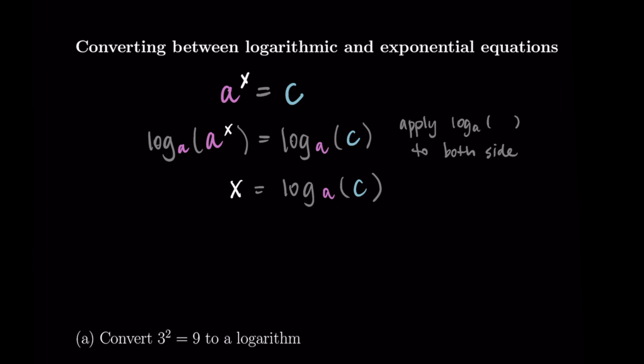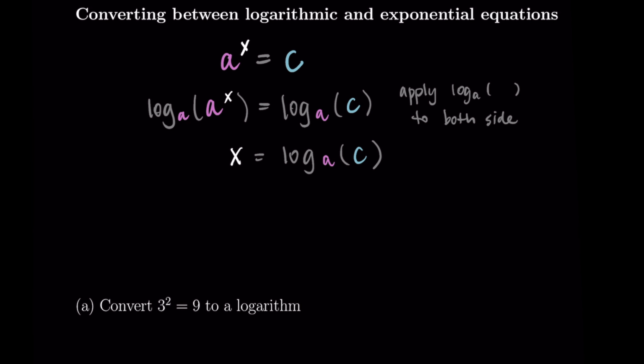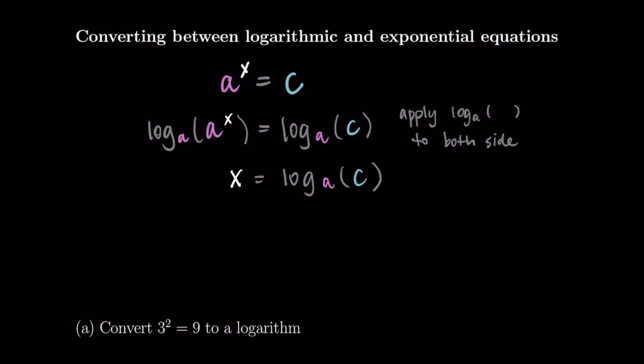So this is our general way we're going to convert, and I actually just like to write out a really simple statement of how this happens, so we don't have to do this middle step each time.